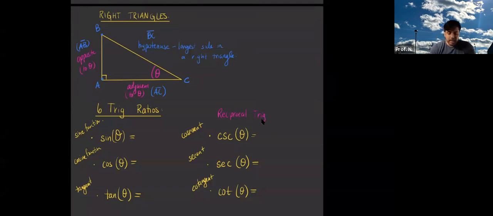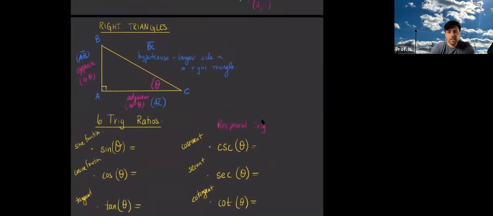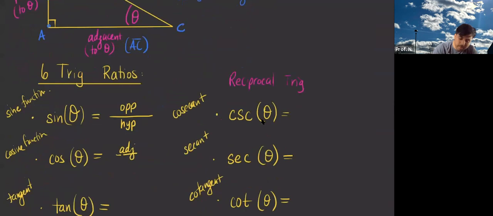Now, what is sine? Sine of an angle is the opposite side over the hypotenuse. The cosine is the adjacent side over the hypotenuse.